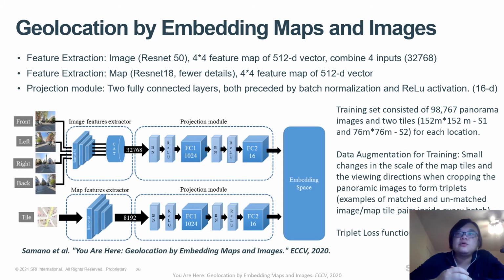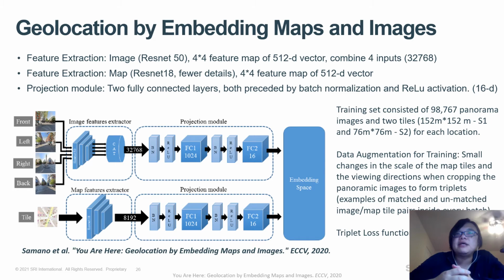The same research group also proposed a follow-up work. The idea is to use a more powerful deep learned feature vector to replace the BSD in the same problem settings. This slide shows the network architecture for their idea to represent the data. They extract the features from both images and maps and project them into a low-dimensional embedding space.